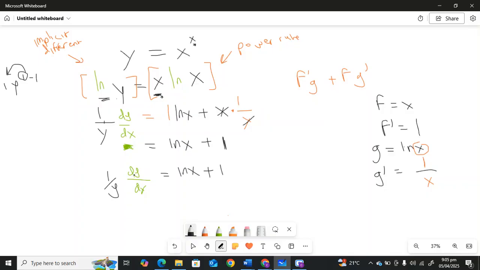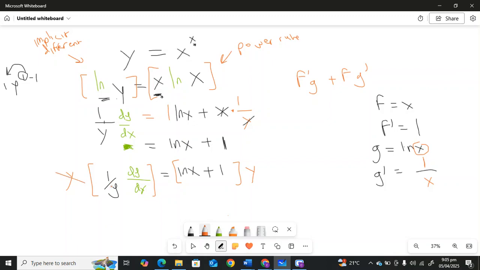We want this dy dx to remain by itself. We want to get rid of this 1 over y. So the way we can do that, we multiply both sides of the equation by y. Multiply this by y. Multiply this by y.